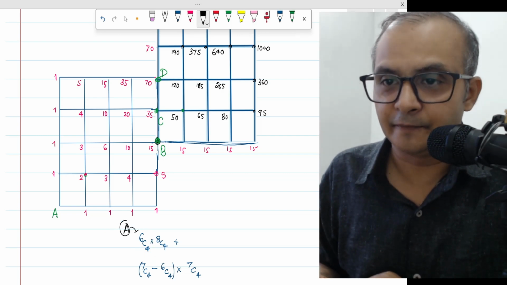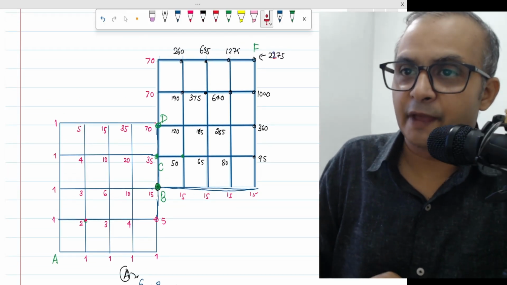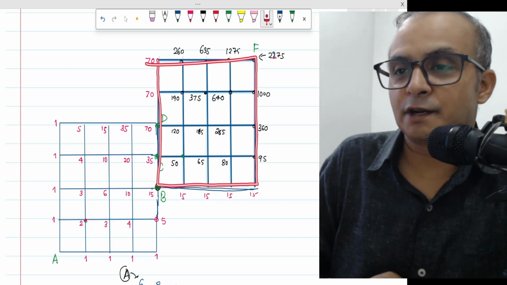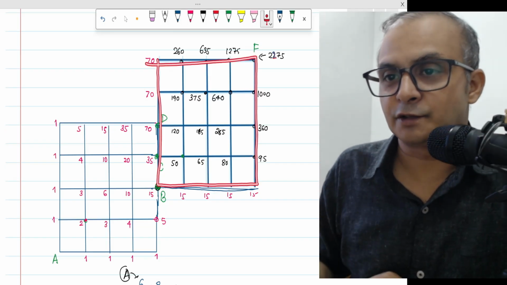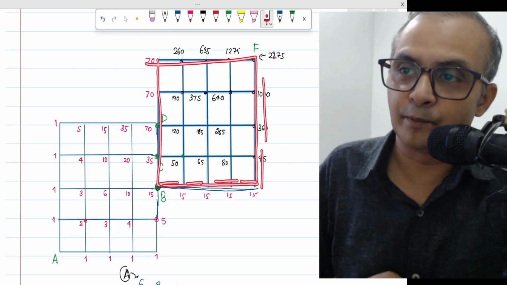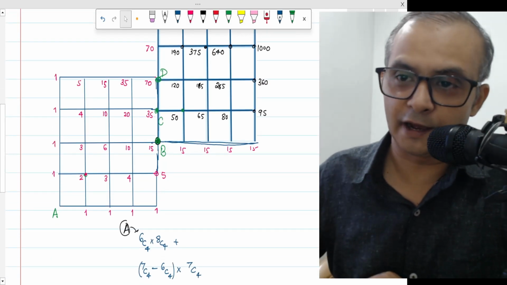After reaching B, you can now consider a new system. From there, you want to reach F. So this is the total grid. There are 4 right movements and 4 up movements, so total 8 movements, in which the 4s and 4s are identical.